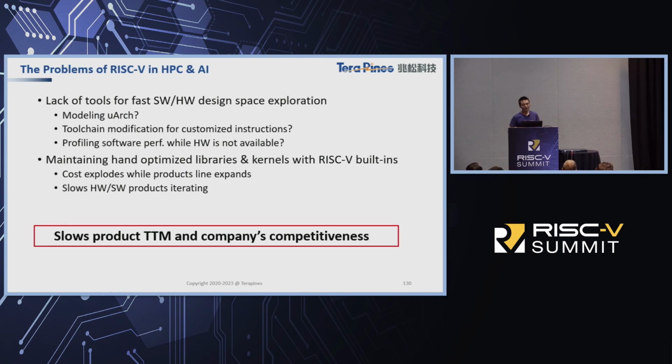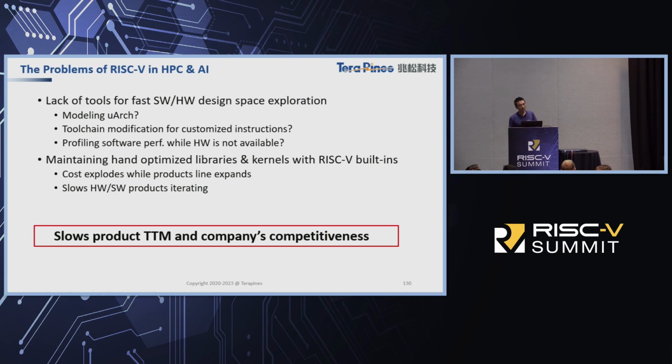The issue we are trying to tackle is how to do fast software-hardware design space exploration. We need to model the microarchitecture, and we need to iterate the toolchain, the compiler, debugger, and simulator in a fast way in order to iterate our microarchitecture. So how can we profile software without hardware available?